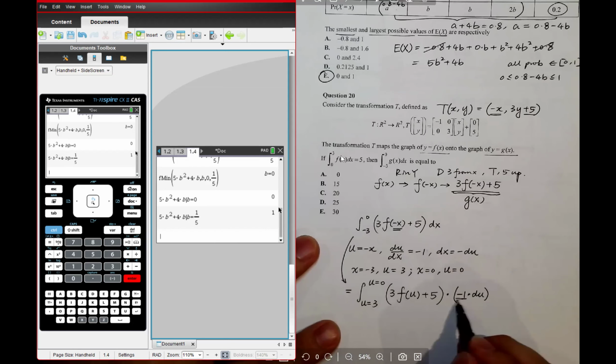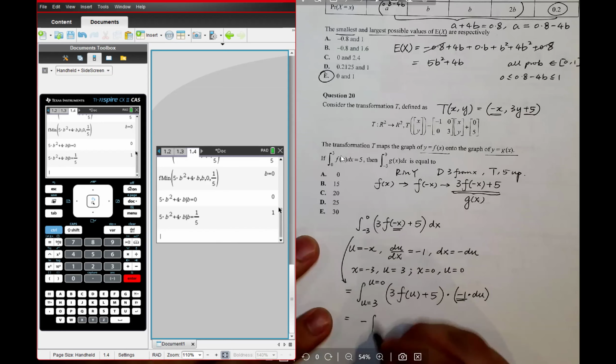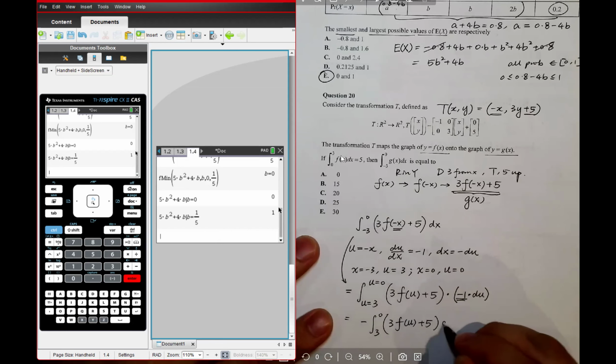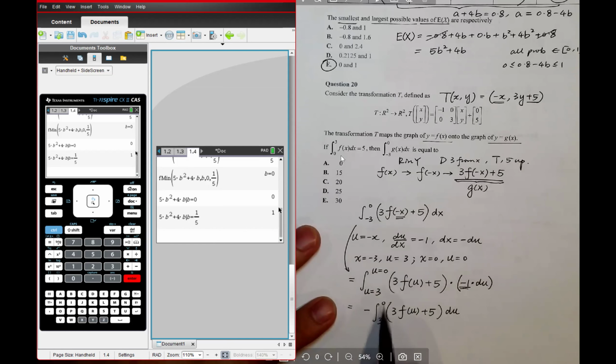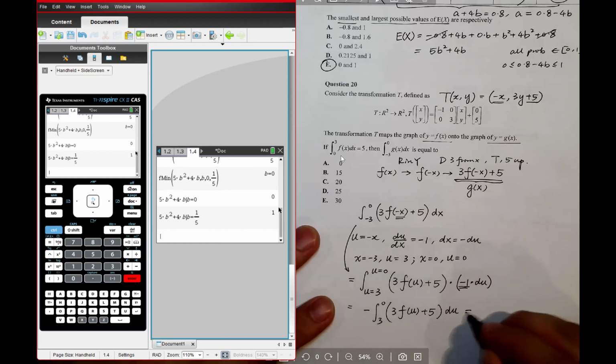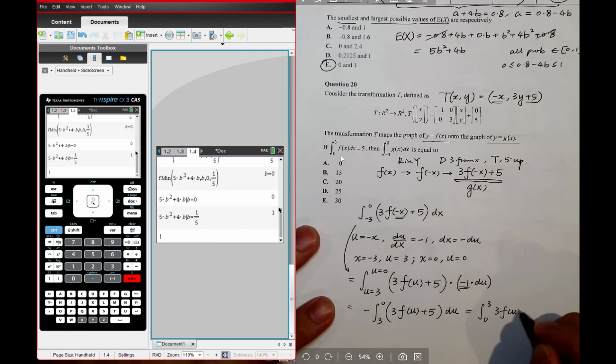And you can pull out this minus 1, say minus 3 to 0, 3f of u plus 5 du, okay? And with minus 3 to 0, you can flip them over and get 0 to 3, 3f of u plus 5 du.